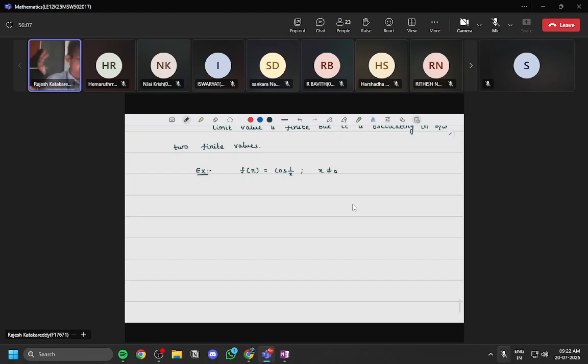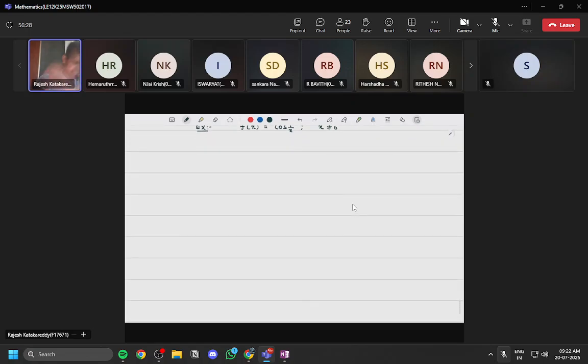What is this theorem? Let's say we have a continuous function in a closed interval, and f of a and f of b are not equal, some different values. In that case, the intermediate value theorem says the function attains every value in between f of a and f of b at least once. Clear?